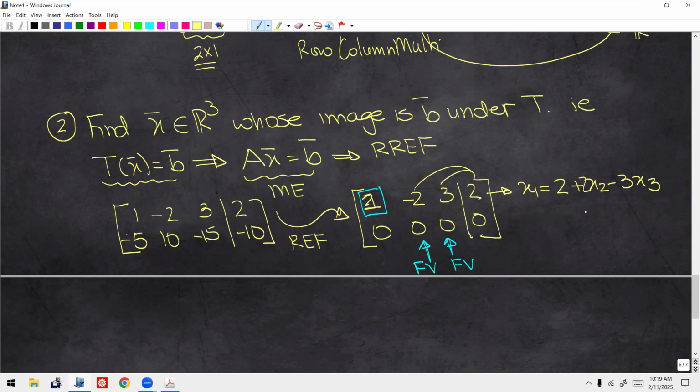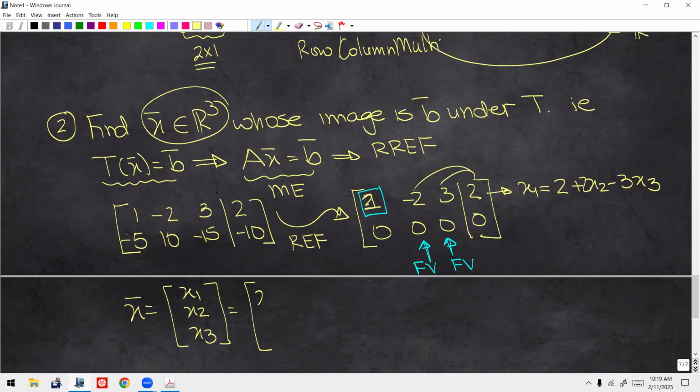So that's what X1 is. So my vector X, which is made up of X1, X2, X3, because remember X is in R3, so it should have 3 components. The first top line is 2 plus 2X2 minus 3X3, then we have X2, and then we have X3. So this is our vector.